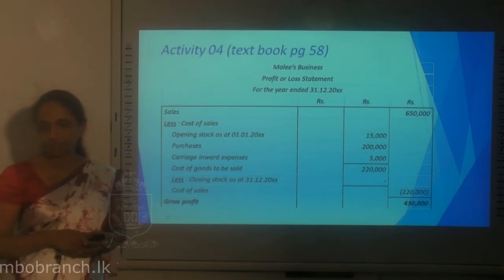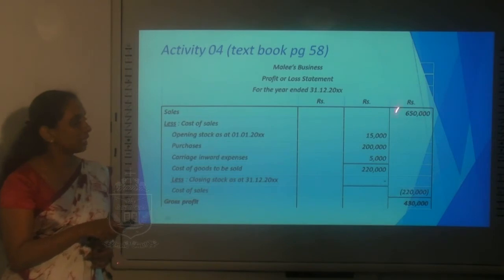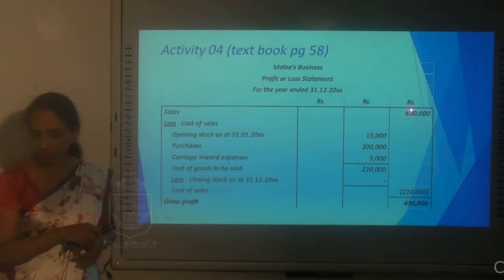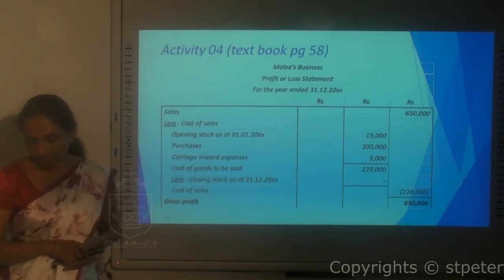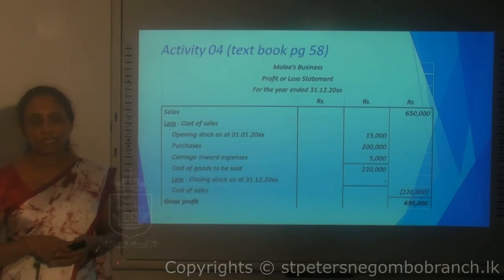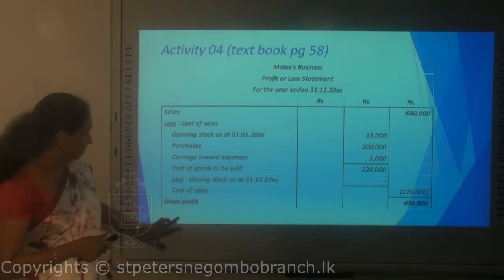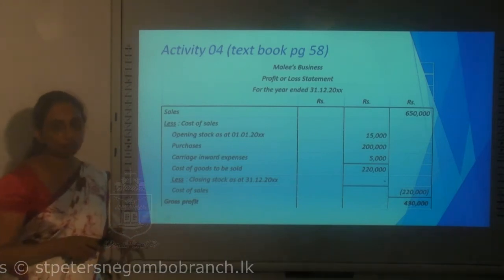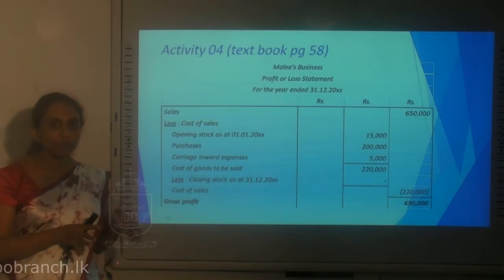So then let's move on to the question again. So the sales figure we have mentioned, it's 650,000 rupees. Then in the question you have the discounts received. What is that? That is an other income. So we have already set up the format and we have a separate space to put the other income.